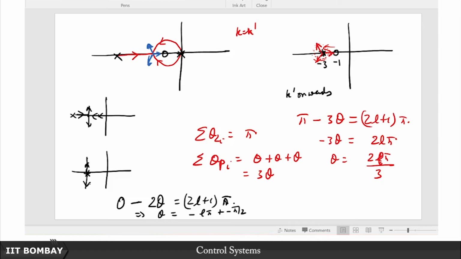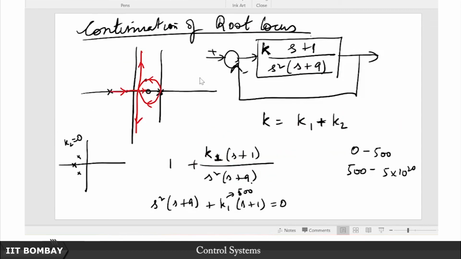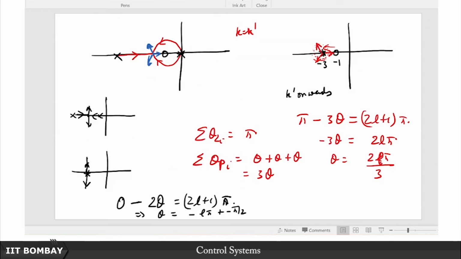So this idea of angle of arrival and departure, in combination with the continuation of the root locus, allows us to infer that if there are a certain number of branches colliding at a particular point on the real axis, then they will break away.